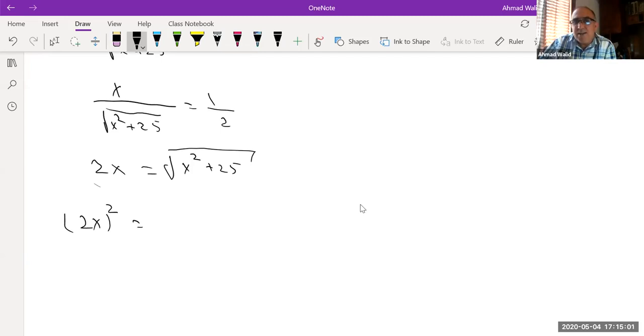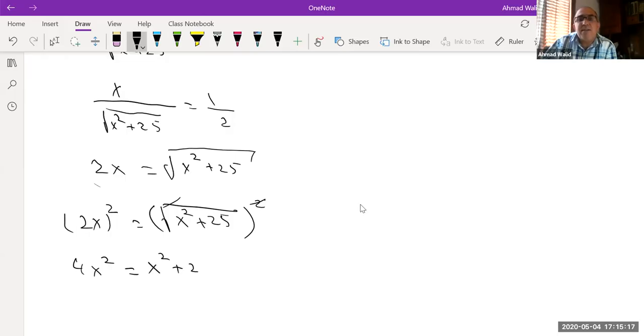2x all squared equals the square root of x squared plus 25 all squared. It gives you 4x squared equals, here the square root cancels with that square, you end up with x squared plus 25.